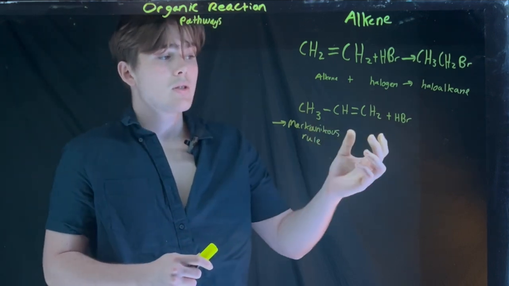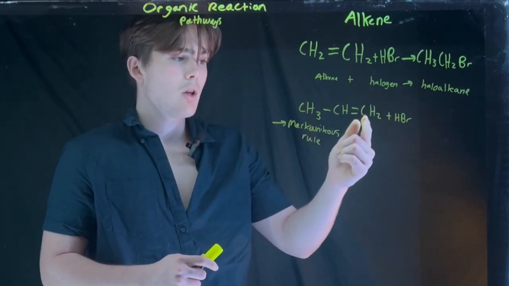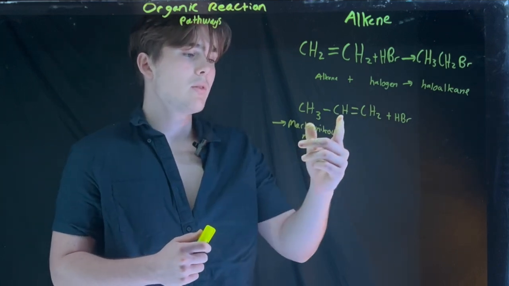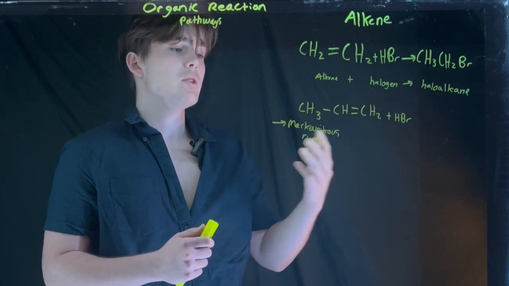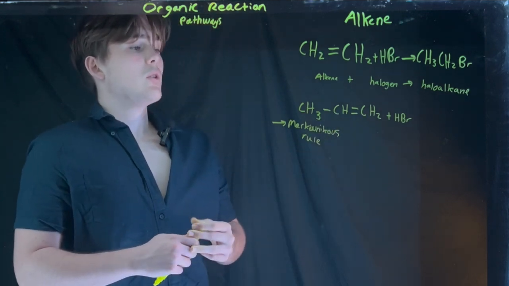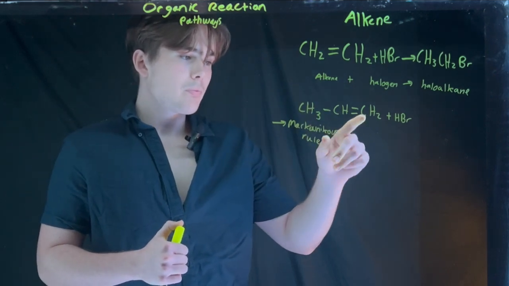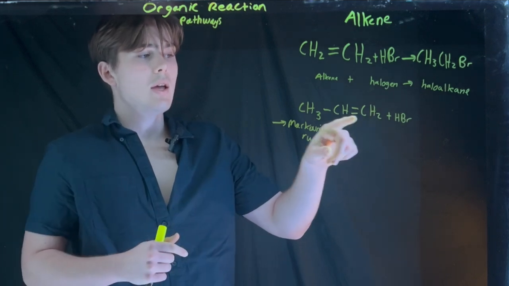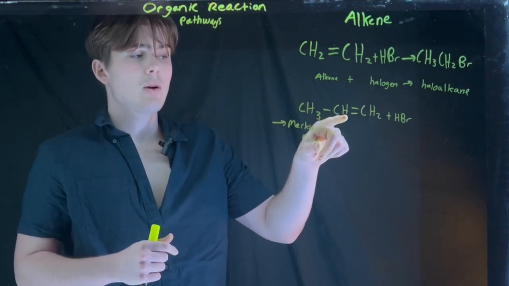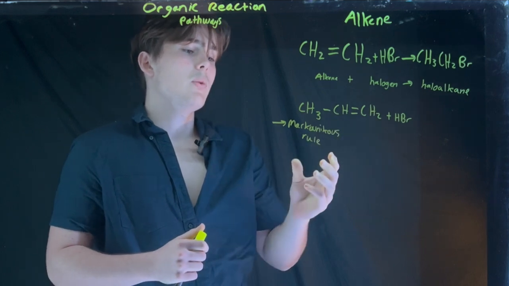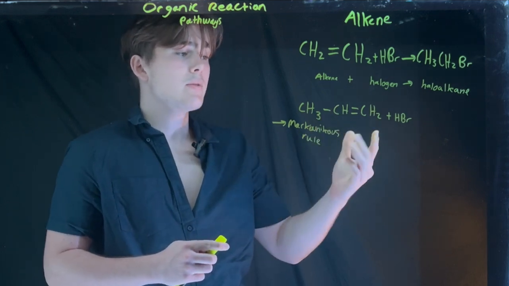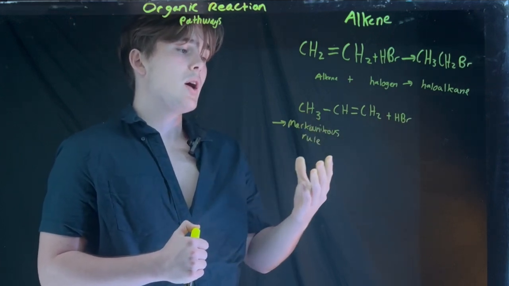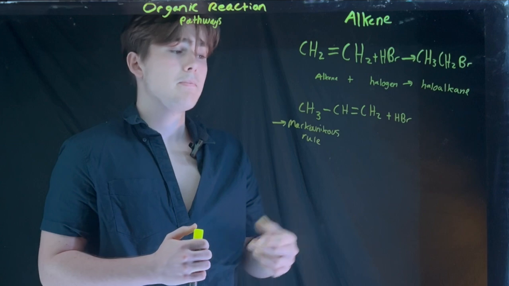The way we can predict which way the hydrogen and the bromine are going is to look at which side of this double bond has more hydrogens on it. We can see that CH2 has 2 hydrogens and CH only has 1 hydrogen. Now, Markovnikov's rule states that the hydrogen from the HBr will go to the side that already has more hydrogen.